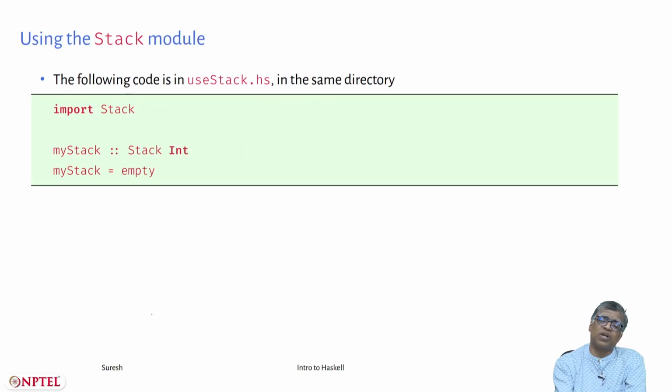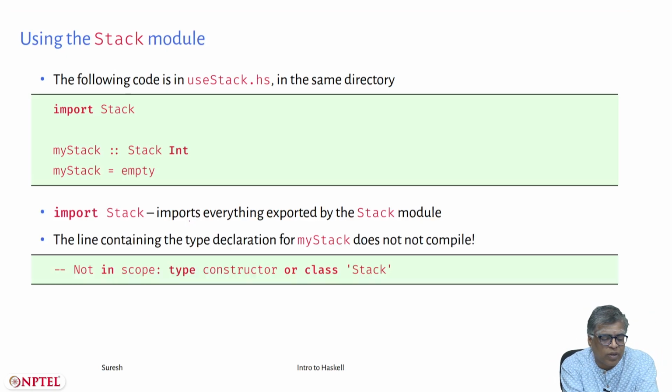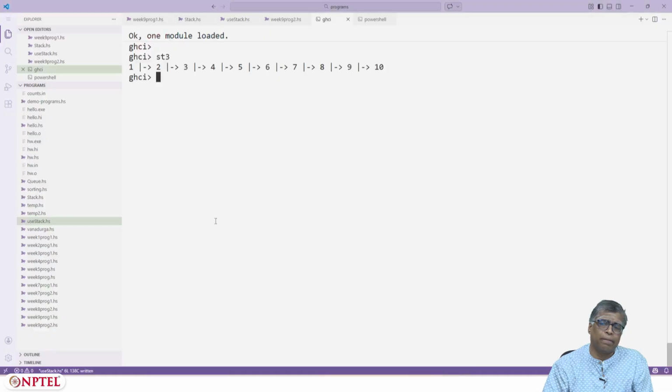So now in useStack.hs I can do things like this: import Stack, and I will say my stack is of type Stack Int, my stack is empty. Import Stack will import everything exported by the Stack module. Now let me go to Visual Studio Code.